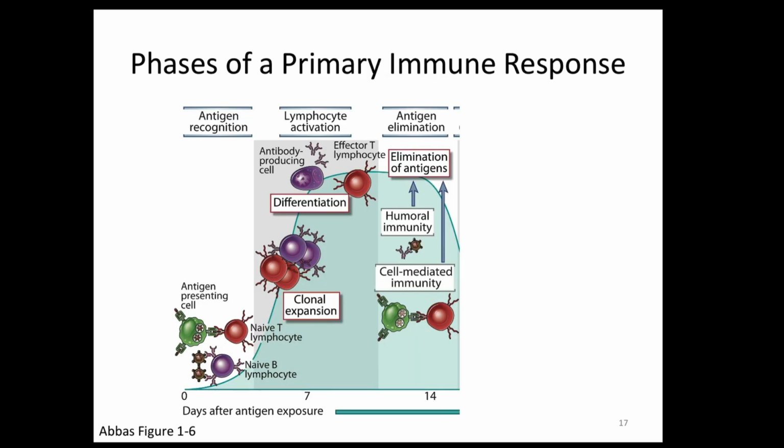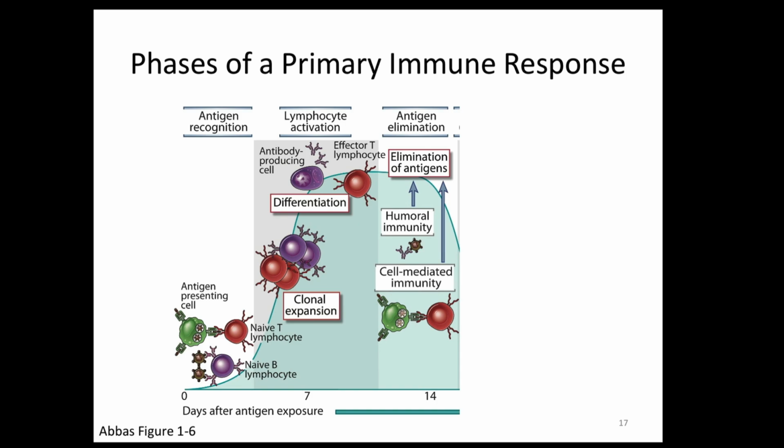So this is where we've been so far. We've had our naive T cell interact with an antigen presenting cell. We've had clonal expansion of that cell. We've had that cell differentiate. We've had the B cell be activated, do some clonal expansion, differentiate. So we've seen this so far.